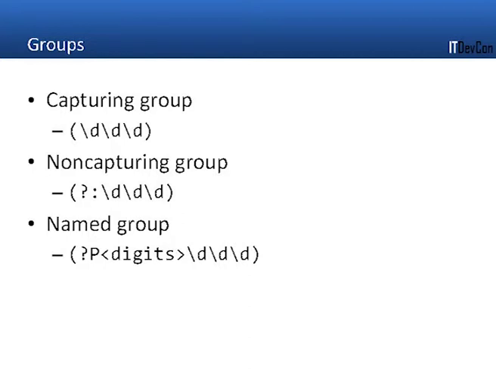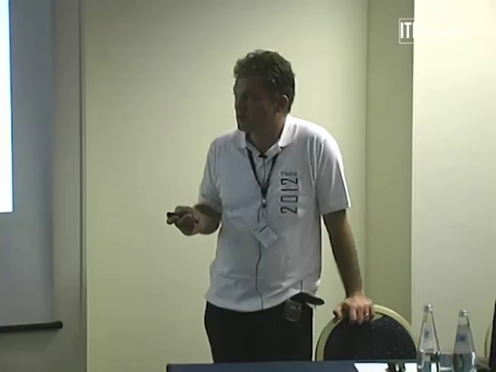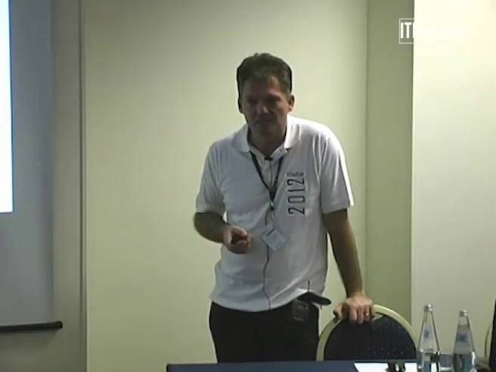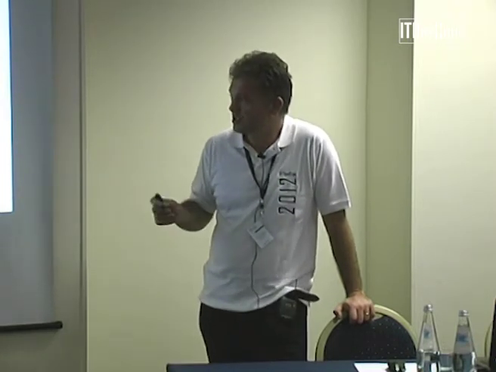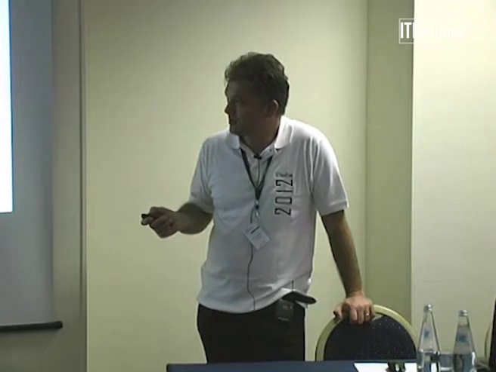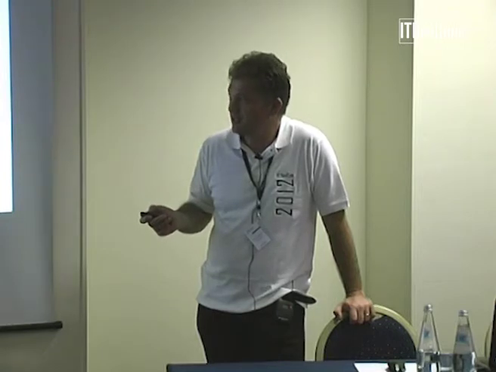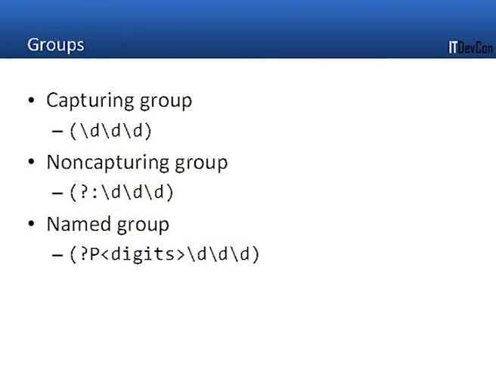In some cases, you don't want this to be stored, typically because you want to optimize the execution time of some complicated expression. And in such a case, you can put question mark colon at the beginning, and this becomes something called a non-capturing group.